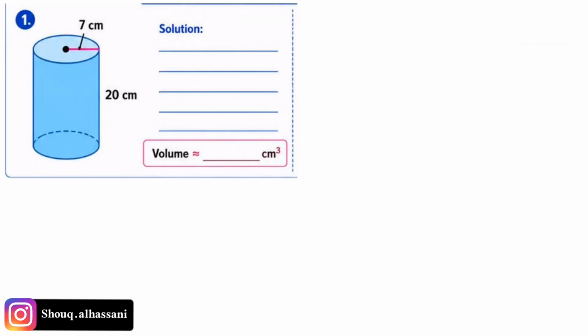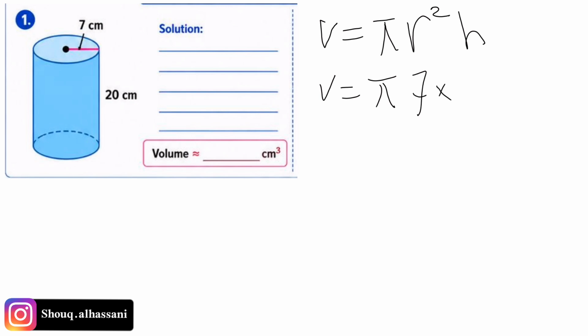So here we have a cylinder. So volume equals pi r squared h. So here we have V equals pi, the radius is 7, multiplied by 7, multiplied by 20.